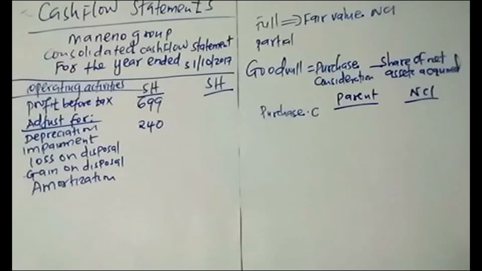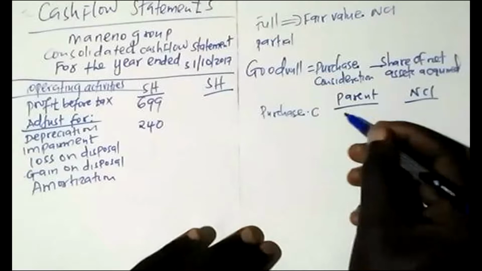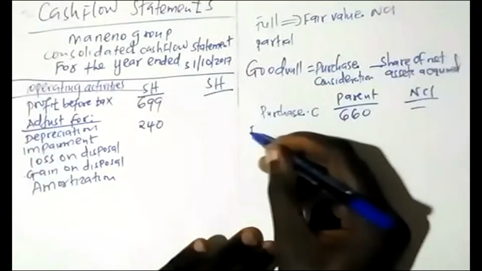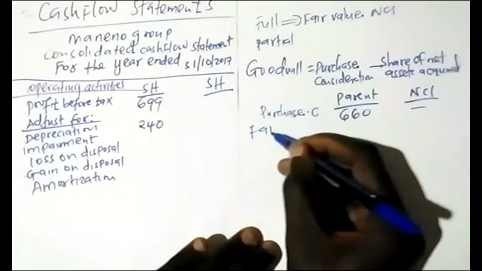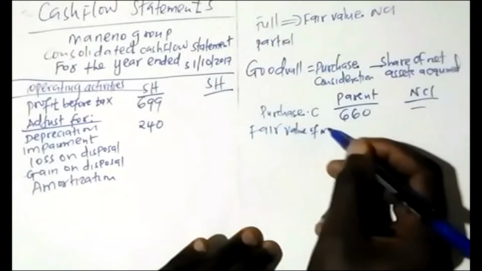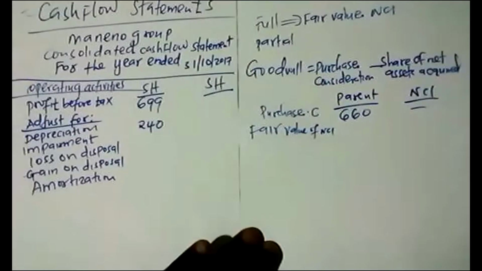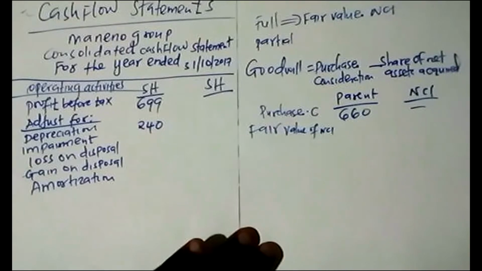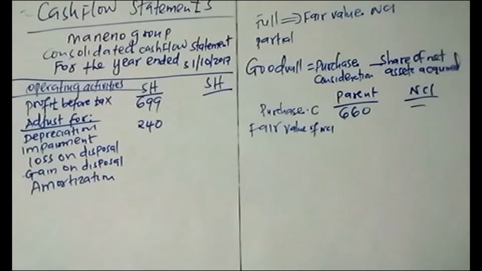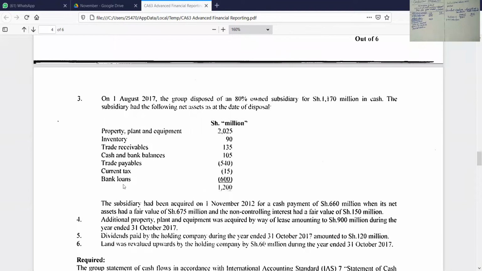That is the purchase consideration. For this method to be full, we must be provided with the fair value of non-controlling interest, which they provided, again in Note 3. They said the non-controlling interest had a fair value of 150.